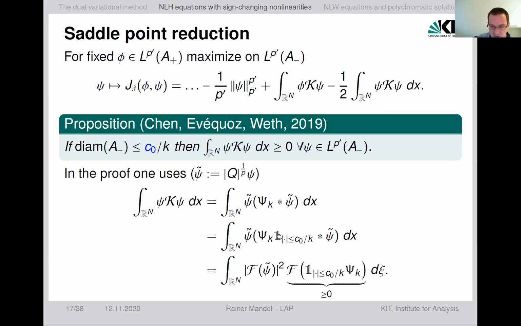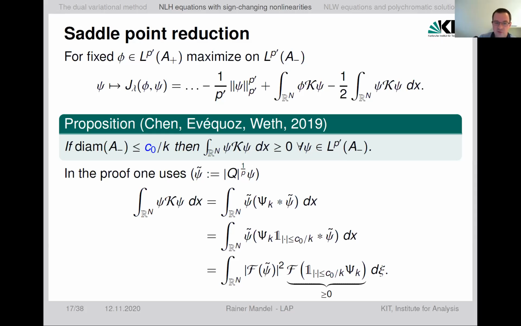And this has the advantage that when you now use the Plancherel theorem, then you have a different function here, and you can check that it has non-negative Fourier transform. This is a non-trivial fact. The computations related to that are at least two or three pages. So we are happy to have found this result, and actually it is Tobias Weth who pointed that out to us.